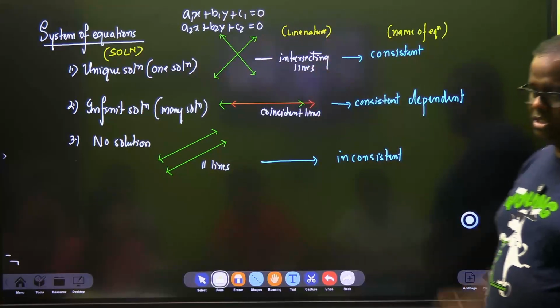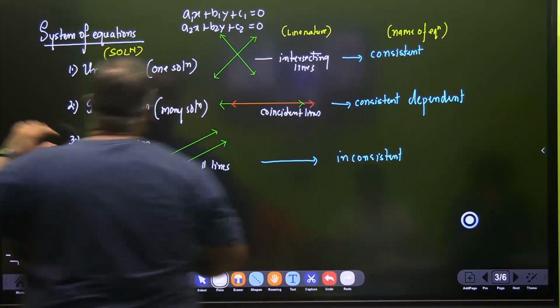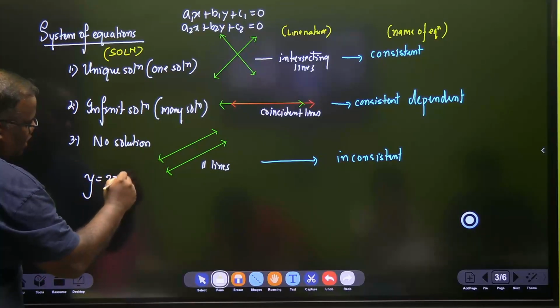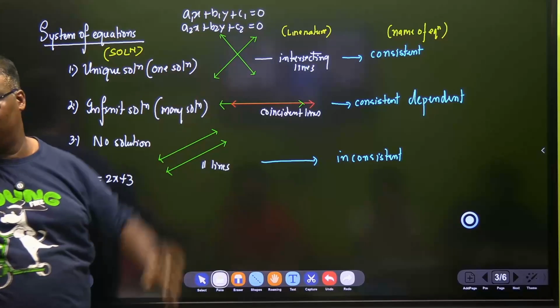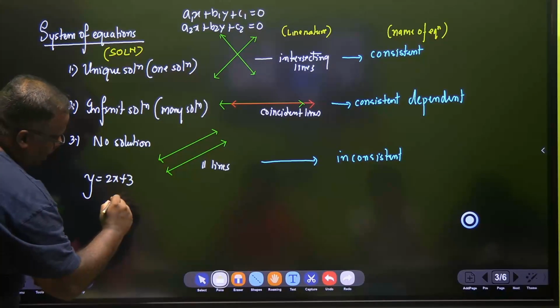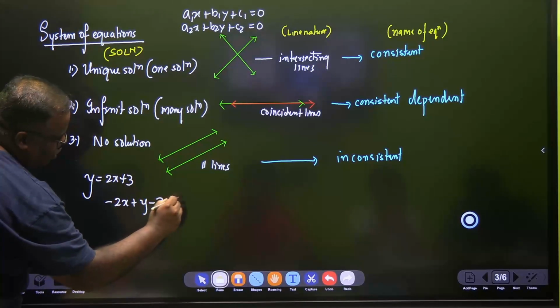Equations will be this. Now question arises, sir, in our exam, ma'am gave the equation as y equal to 2x plus 3. Kaam nahi karega. You have to convert it into this form. The equation becomes negative 2x plus y minus 3 is equal to 0.